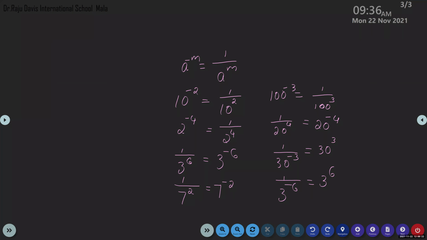And it is known as the multiplicative inverse. A raised to minus m equal to 1 by a raised to m, and a raised to minus m is the multiplicative inverse of a raised to m.